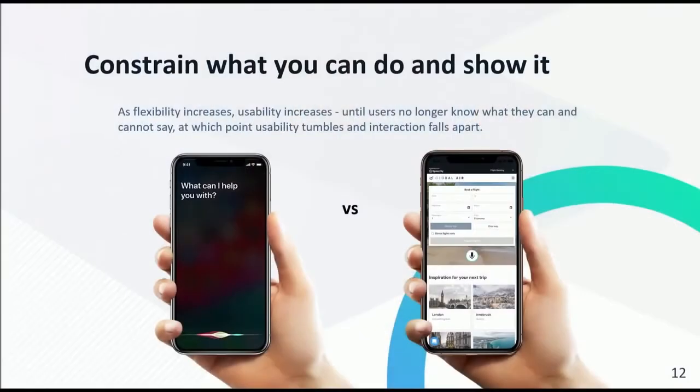So by using the power of a visual approach to limit the domain of the user, it can be made more clear and easy for the users to interact with the system because they know what the system is able to do and what features it can support. So if you look at these examples here, for the user interface on the left, it's impossible for the user to know what it can and what it cannot do.